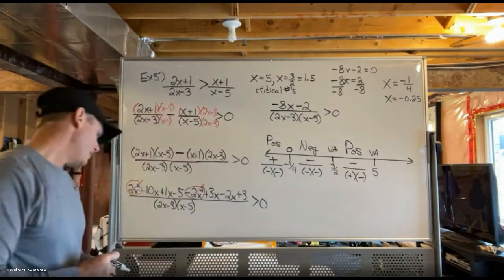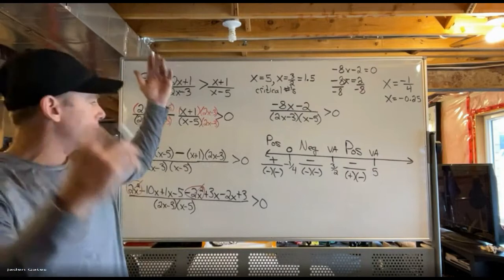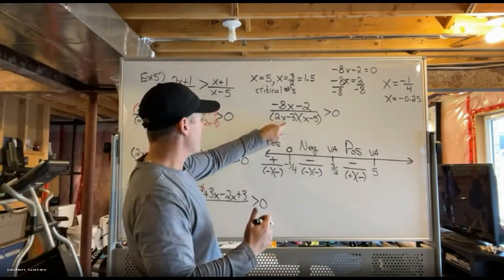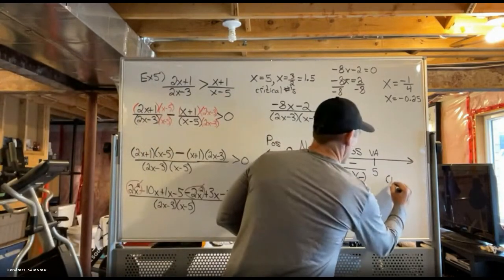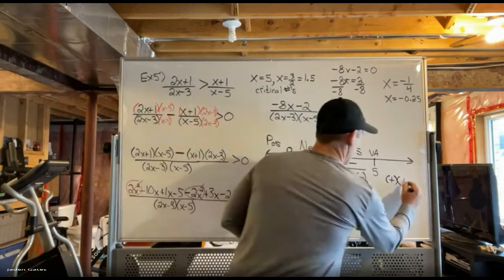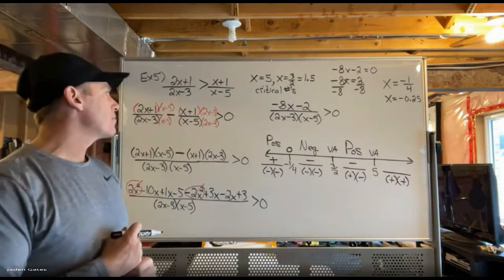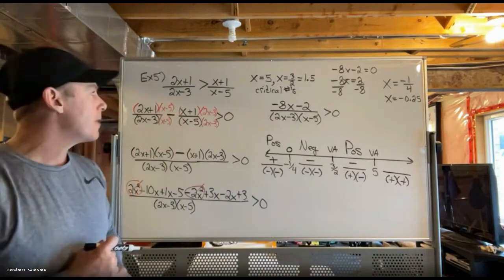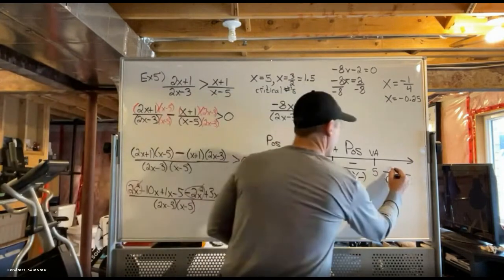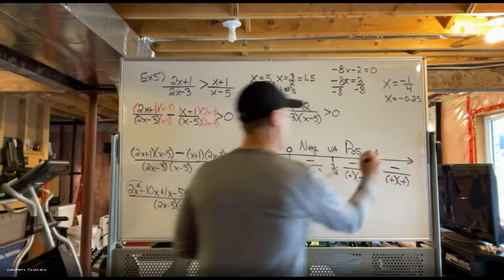Okay. Last interval. After 5, so we'll go with 6. 2 times 6 is 12 minus 3. Well, that's going to be positive. 6 minus 5 would be positive. And what about the top? -8 times 6, that's like -48 minus 2. That's definitely negative. And so a negative divided by 2 positives is going to be negative.